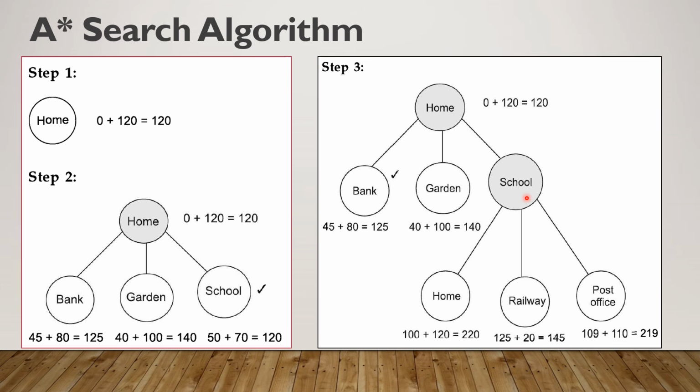Once we reach the school, don't think that we can expand only this path alone. It is not necessary. That is another advantage of the A star search algorithm, we can find the optimal path.